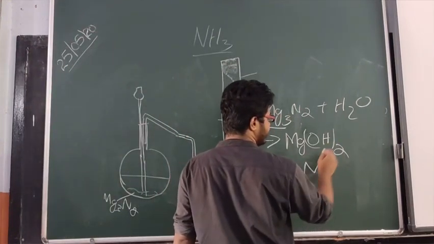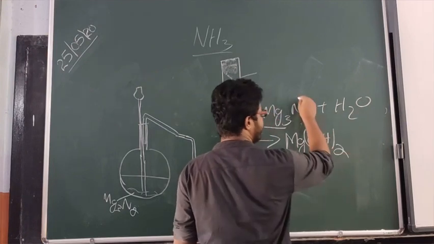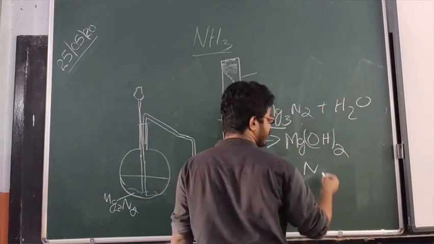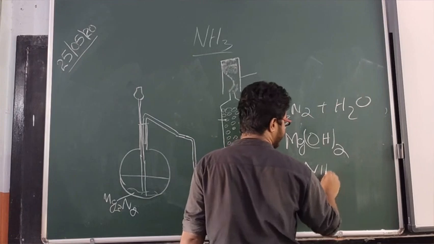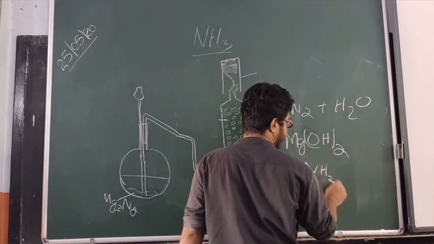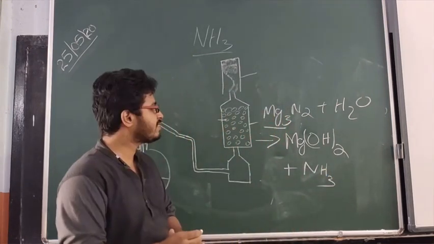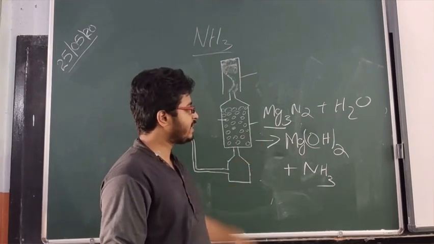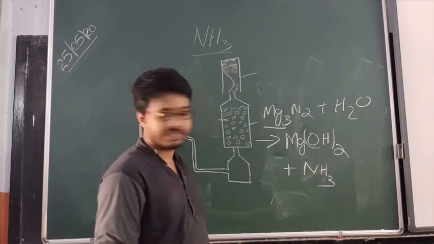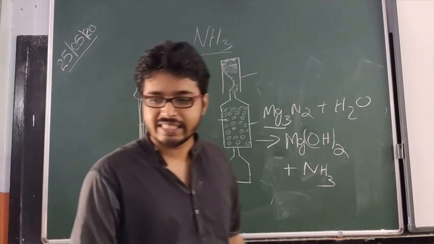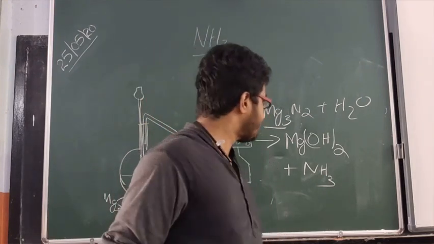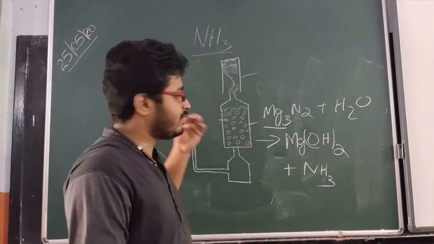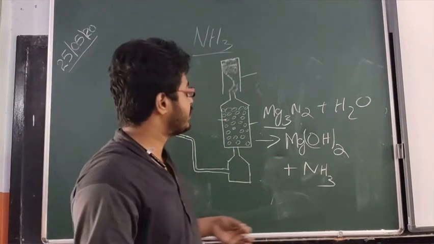Now what is remaining is nitrogen and H+, which together combine to form NH3. It is not like a normal reaction. First it will liberate the nitrogen and then form NH3, so it happens in more than one step. Don't think about that too much.